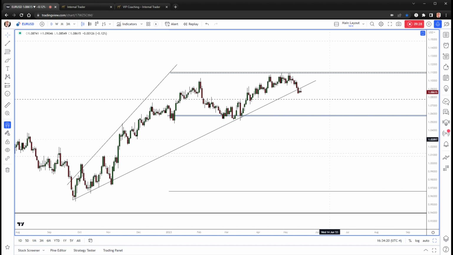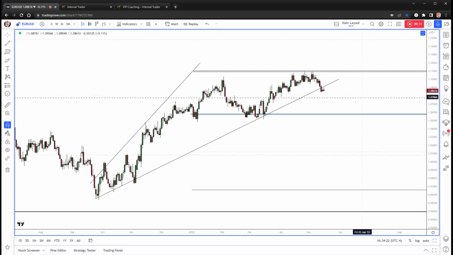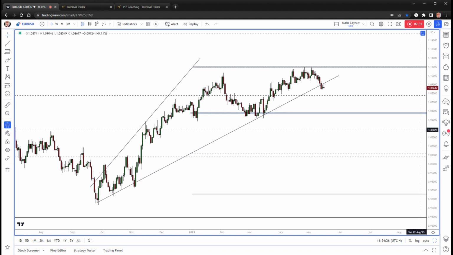And again, these levels that I'm showing you here are there to take the stress of having to manually draw these zones. I know there's a lot of people that talk about structure and drawing this support over here and this resistance over here.